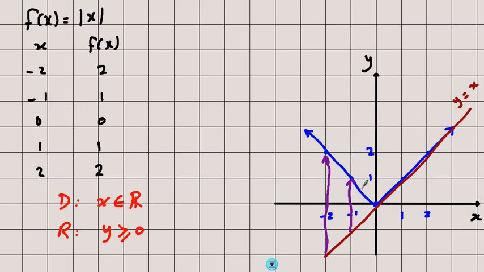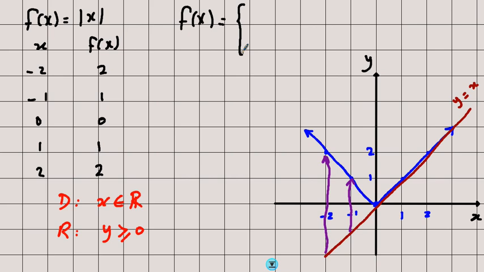We can also consider something else. If you consider that this function comes in two parts, this part looks like y equals x, of course, but this part looks like part of a graph of y equals negative x. So we can redefine f of x as a piecewise function.